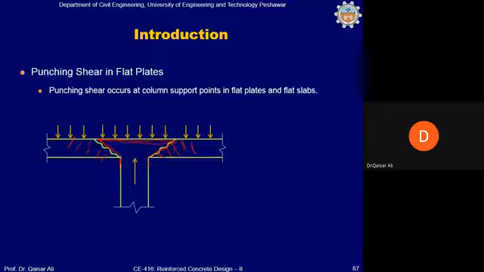So punching will not occur at the edges of the column, but at an angle of 45 degrees.